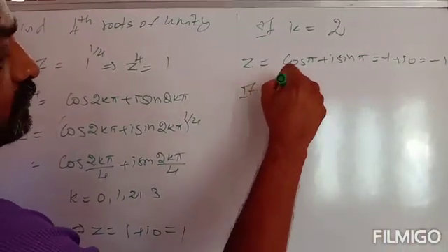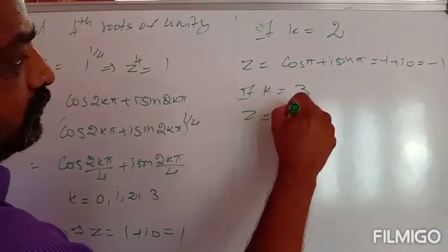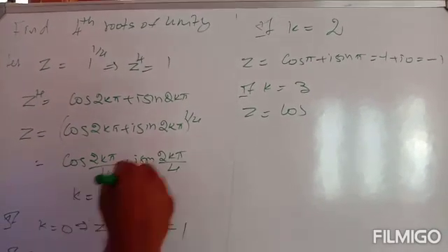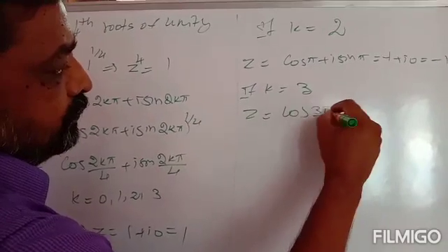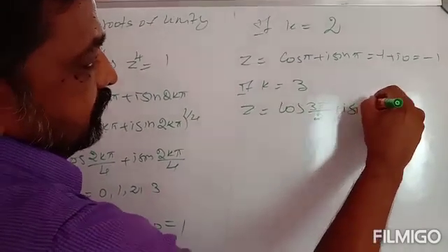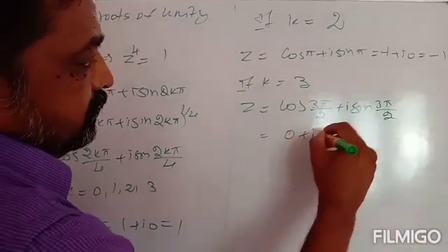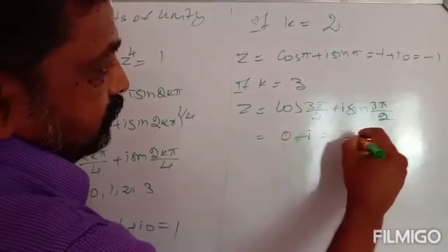If k is equal to 3, z is equal to cos 6 pi by 4, that is 3 pi by 2, cos 3 pi by 2 plus I sin 3 pi by 2, that is equal to 0 minus I, that is equal to minus I.